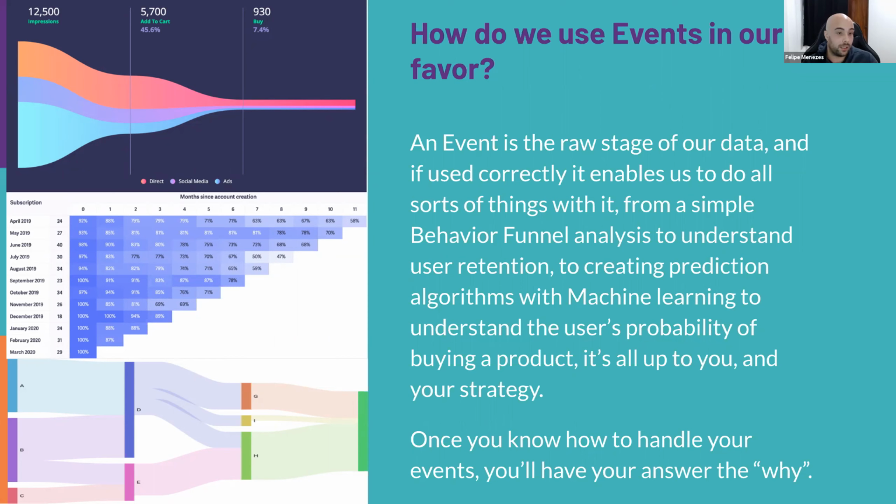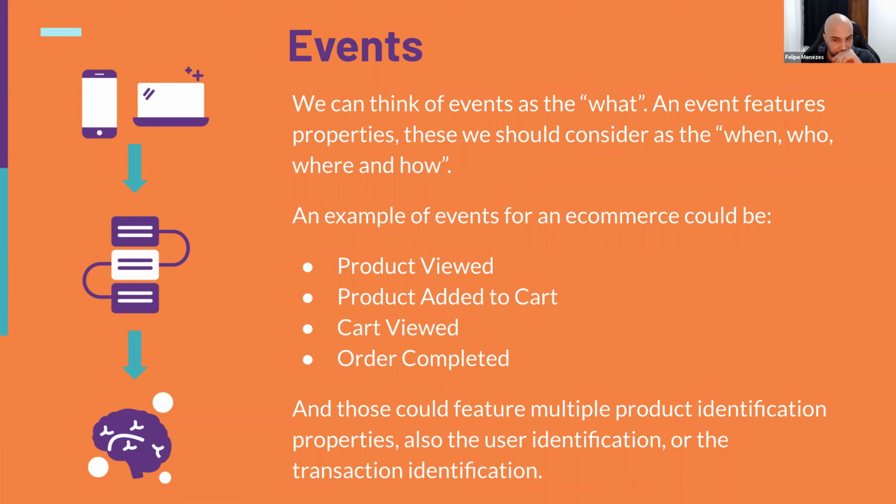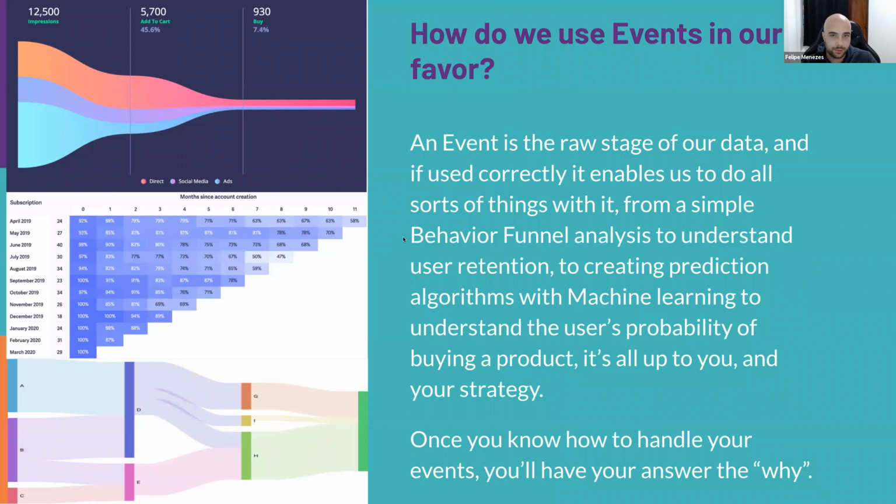It could be as simple as a behavior funnel for an e-commerce, and as we can see in the previous example, we could see users going from a product view page, adding this product to the cart and seeing if they proceeded to the end of the checkout. But this is really a simple way of working with this.